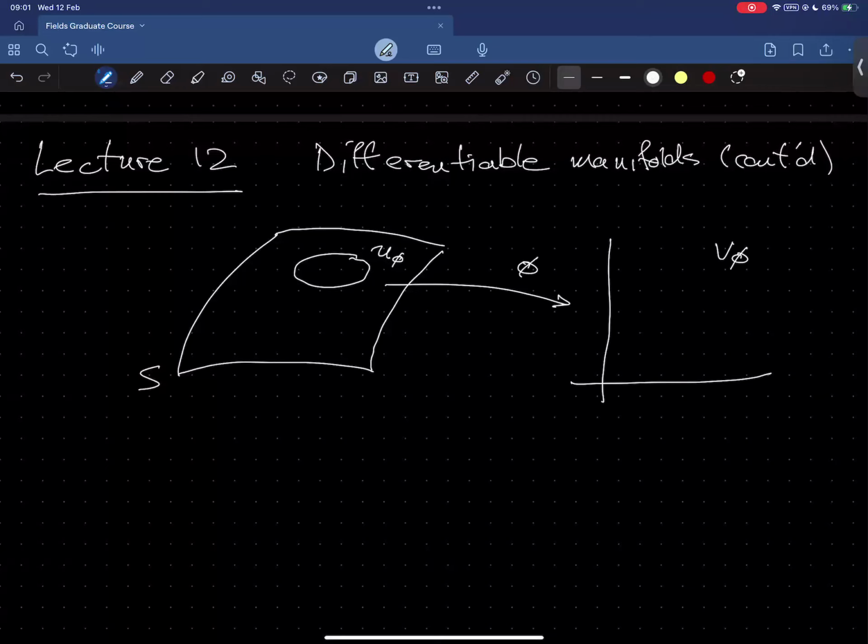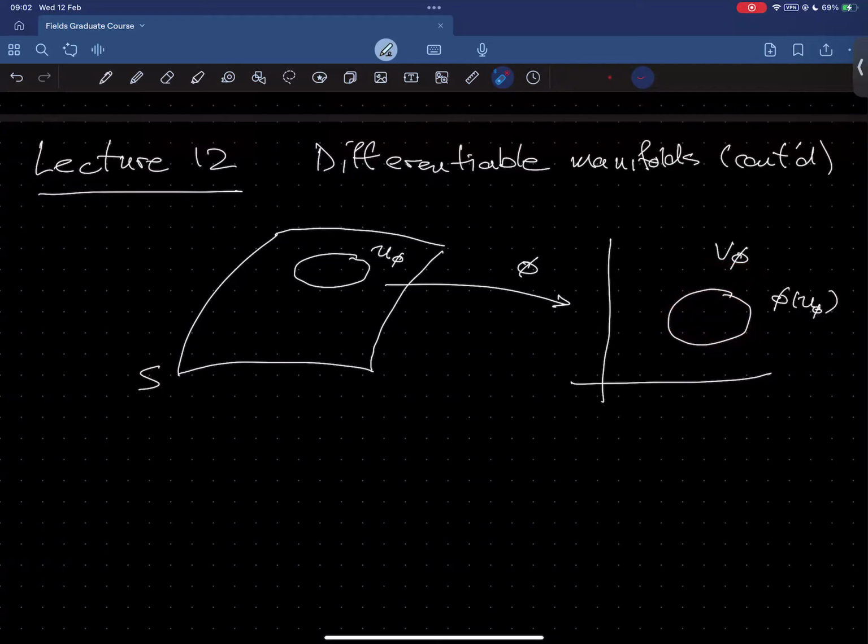And the only property that phi had to have is that phi is a bijection from this subset of S onto an open subset of V phi. That's the only requirement that I had for a chart.